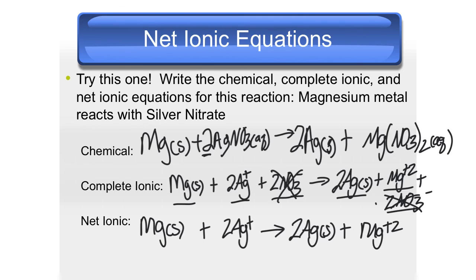You can do the same thing for the single replacement reactions that we did previously. And so the difference between your reactions quiz and the standards quiz is you're going to do everything they did, but then you're going to have to do a couple questions on complete versus net ionic and spectators.